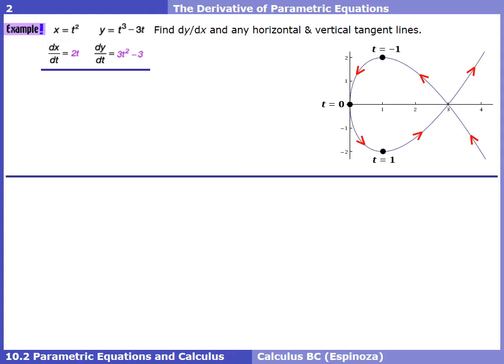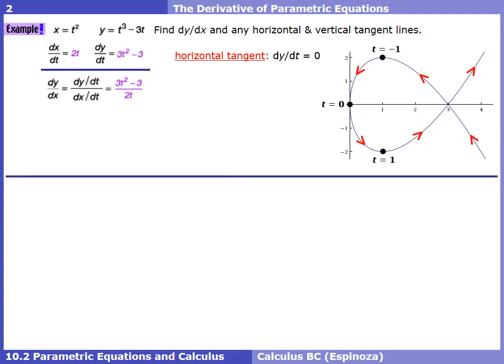Luckily, both of those are very simple to do. And now we can apply the formula from the last slide. dy/dx is dy/dt over dx/dt, the change of y over the change of x. And when we plug that in, that's it. Our derivative is 3t squared minus 3 over 2t.